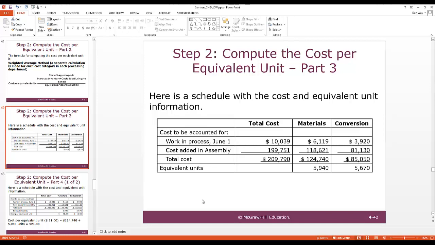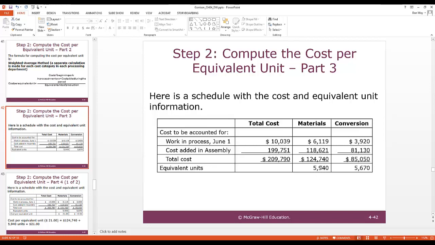Here's a little schedule that has our cost and equivalent unit info for this particular problem. So our beginning work in process costs, which we talked about a minute ago, the cost that we added in assembly that we also hit on the previous slide, and then our equivalent units from our earlier discussion of how to calculate those.